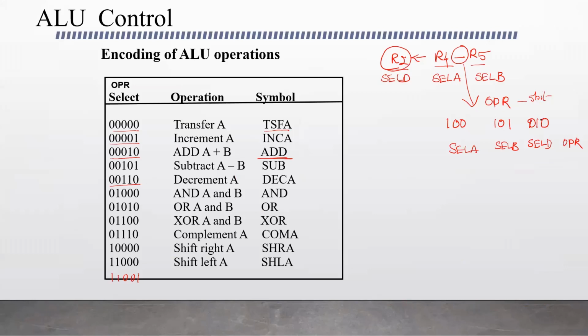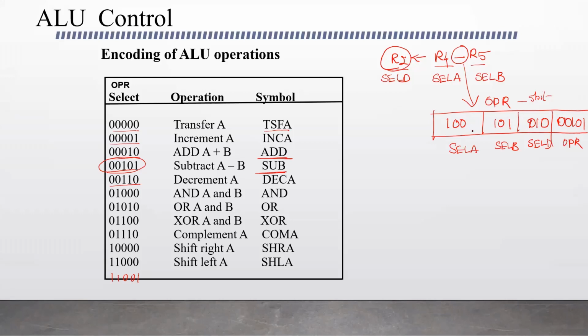And the operation that needs to be selected is subtraction. Okay, what is OPR here for subtraction? It is 0, 0, 1, 0, 1. So the OPR selection input would be 0, 0, 1, 0, 1. Okay, so this forms the control word.